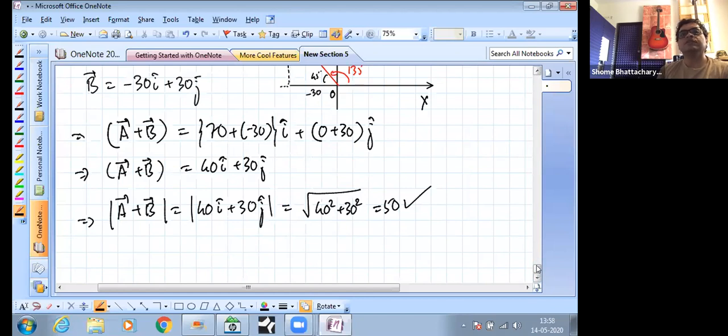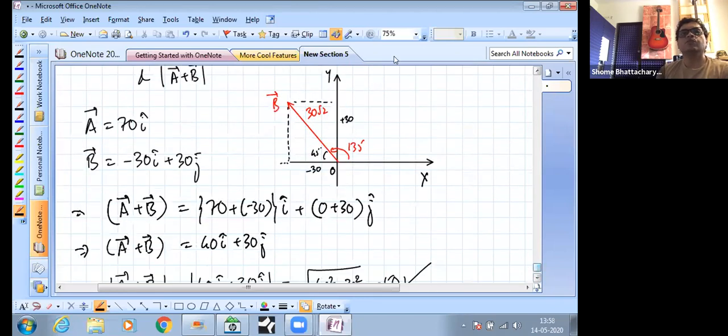So this is the alternate way of doing the question, and we'll see that most often this is the more convenient way of solving the problem.